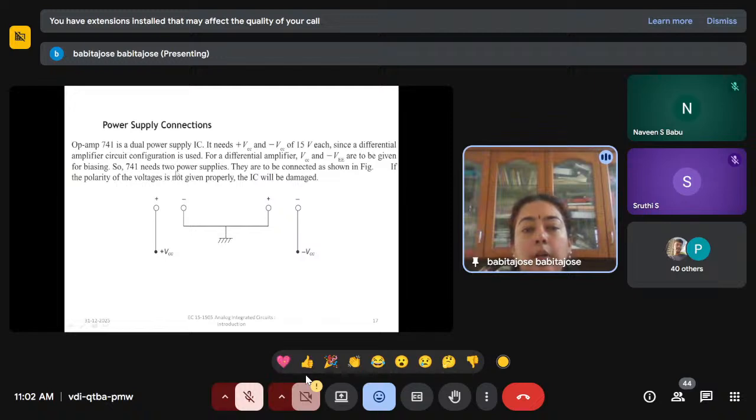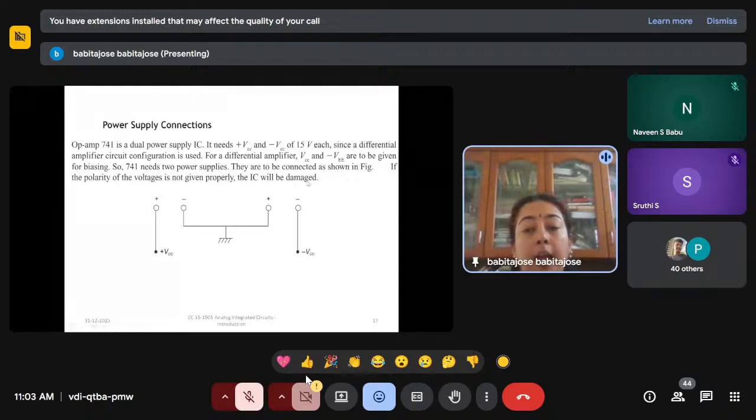So 741 needs two power supplies, connected as shown in the figure. The plus and minus terminals are shorted and grounded. The positive is taken as the positive supply and the negative is taken as the negative supply.